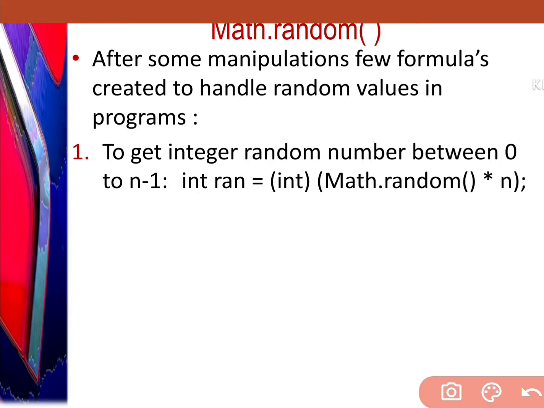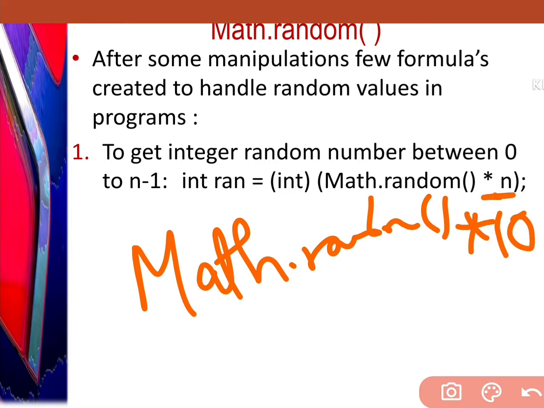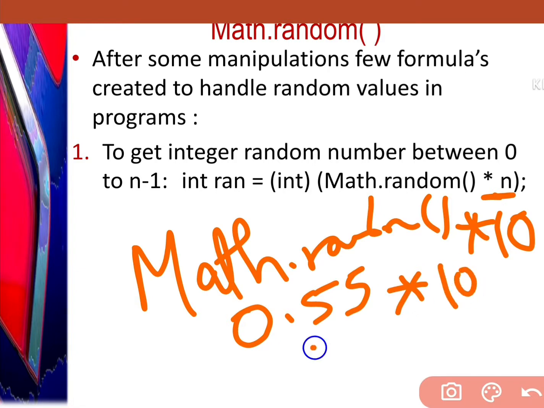See, first of all, math.random provides us some value, and then we are going to multiply n with that value. Means I am going to multiply 10 with that value. For example, if I get 0.55 from random and multiply it with 10, what do I get? 5.5.